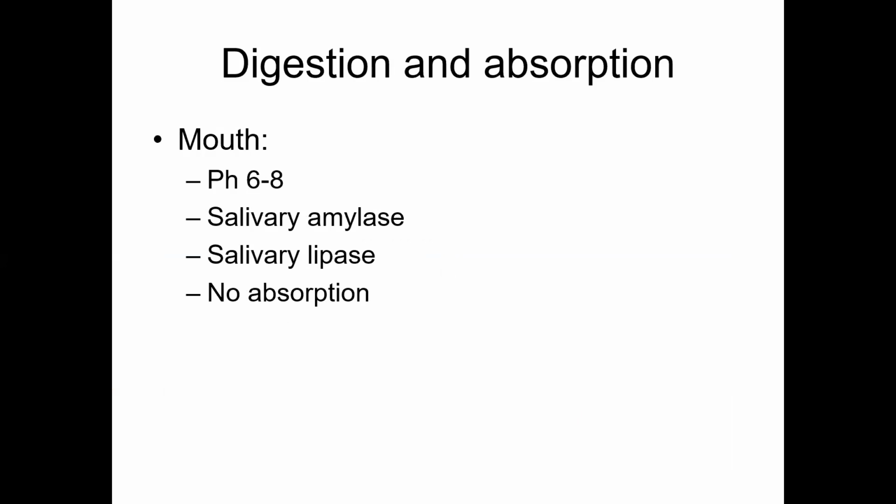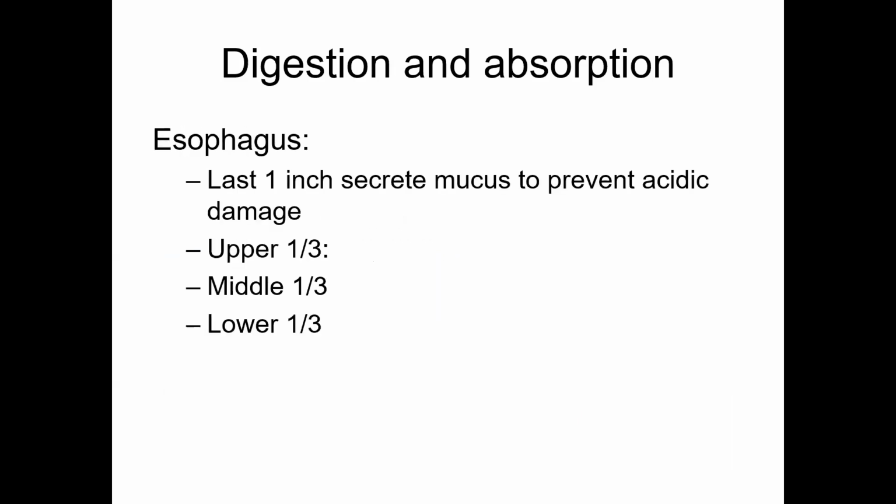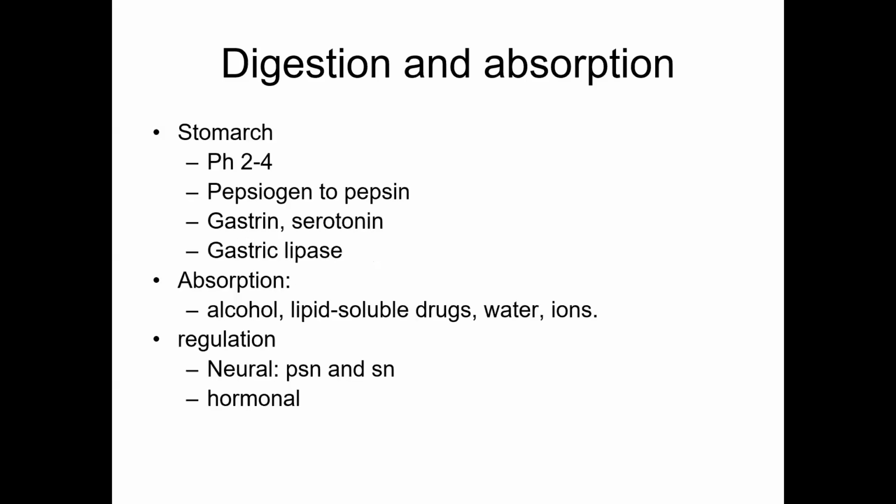In the mouth, only carbs can be partially digested chemically. Physical digestion takes place, but no nutrients can be absorbed. In the esophagus, no digestion, no absorption. In the stomach, only proteins can be partially digested by the enzyme pepsin. In terms of nutrient absorption, none of them, but alcohol can be absorbed in the stomach.